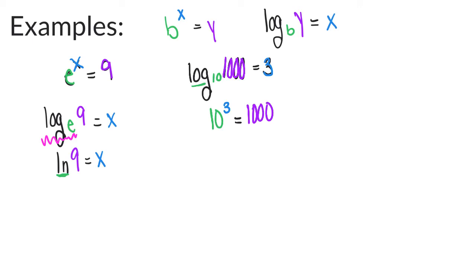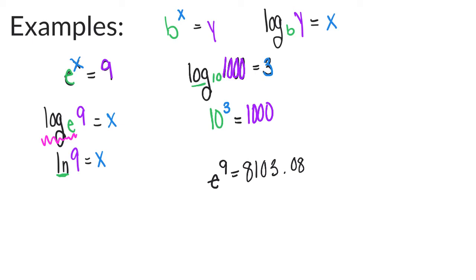Let's try another example. Here we have e to the 9th power equals 8,103 and 8/100.